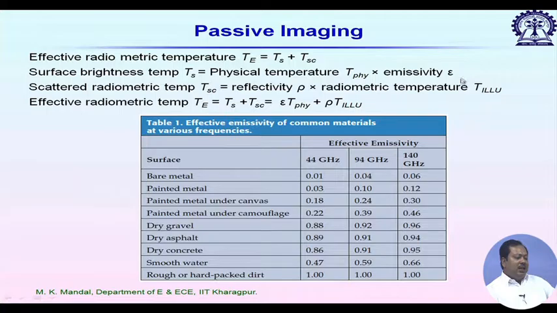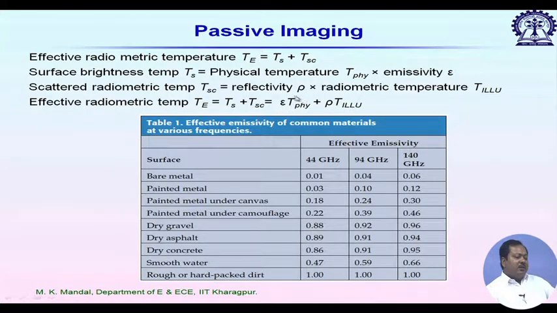This T illuminator depends on weather condition. Under a clear open sky, T illuminator will be something, but under cloudy condition, it will be something else. Then the effective radiometric temperature TE, if we put the values, comes to epsilon T physical plus rho T illumination.